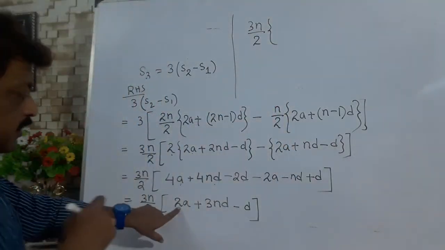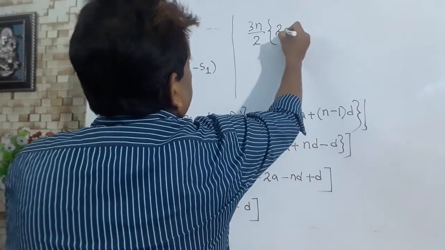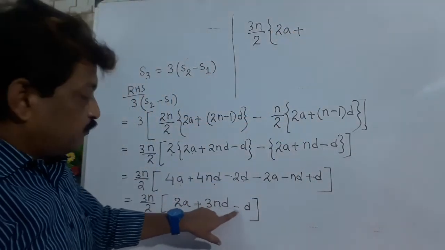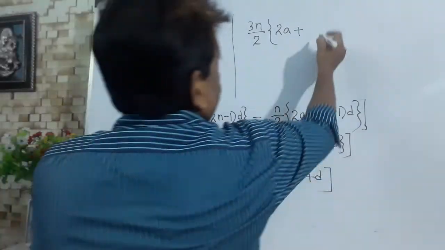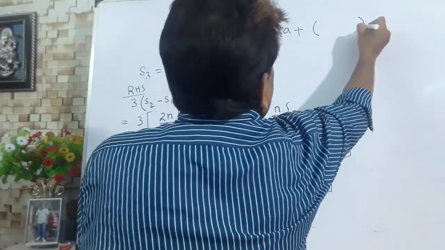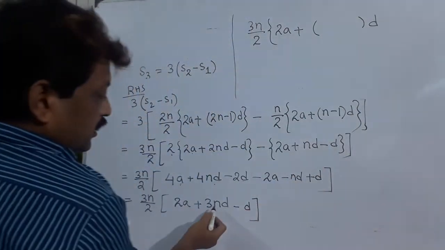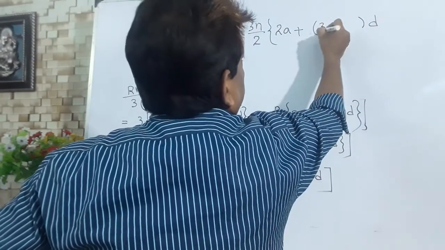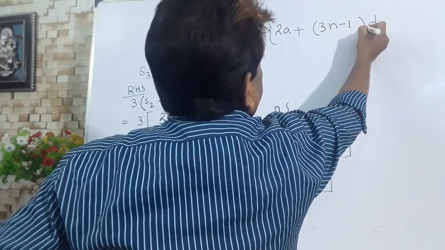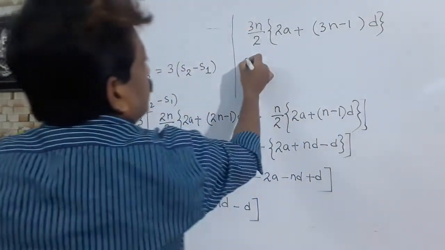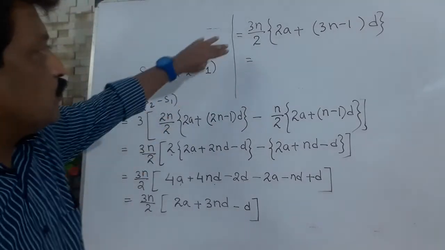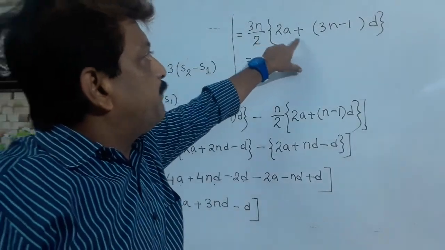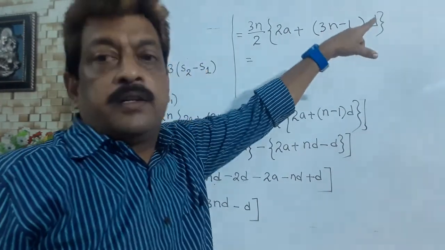Now inside the bracket it is 2a plus, I can take d as common from both these terms. If I take d common, then it will be 3n and there will be minus 1, so it will be 3n minus 1. So what I have got is 3n upon 2 bracket 2a plus 3n minus 1 d.